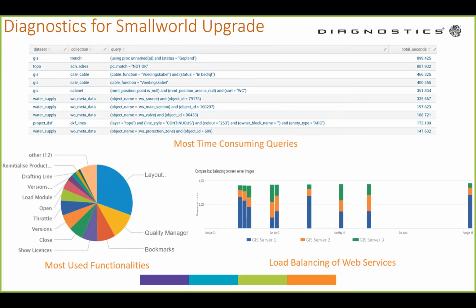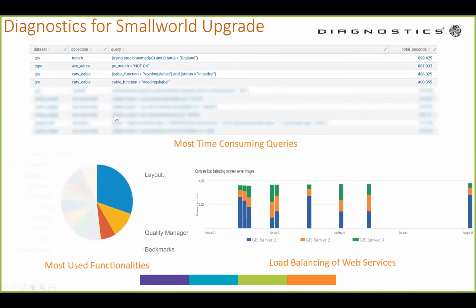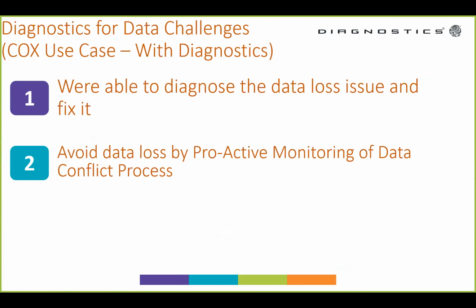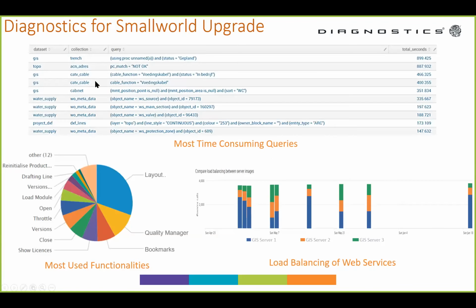It has pre-built dashboards which can easily help you identify rarely used customizations. For example, take these three dashboards. The first one talks about the queries which are extensively used in your Smallworld.